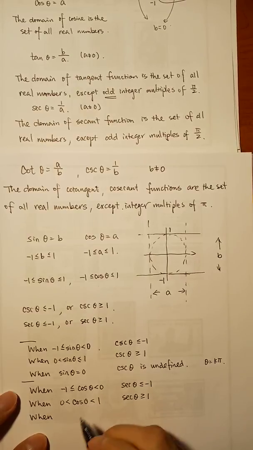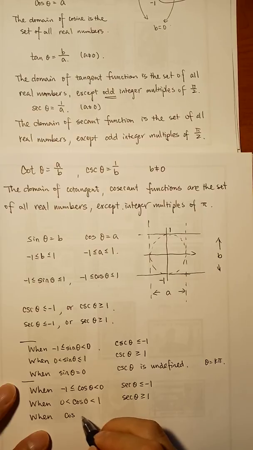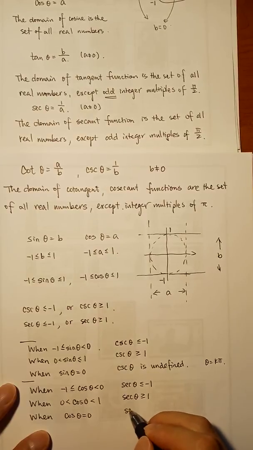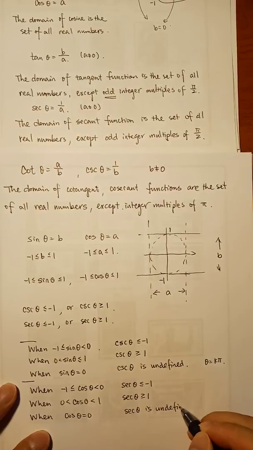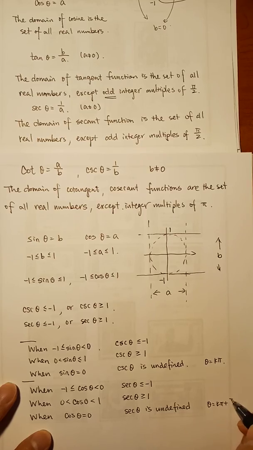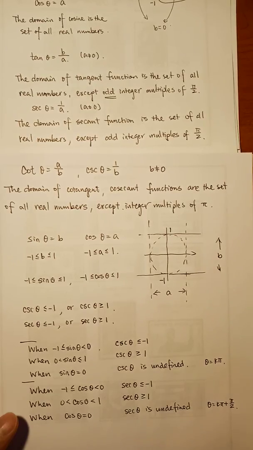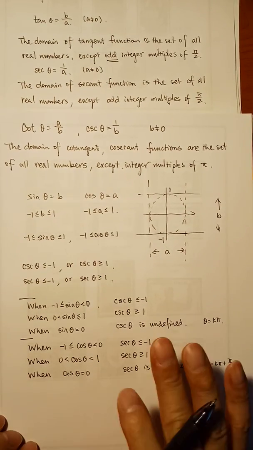When cosine theta is equal to 0, then secant theta is undefined. In this case, theta is k pi plus pi over 2. It's always some multiple of pi with an additional pi over 2. Okay? And secant and cosecant are never 0.